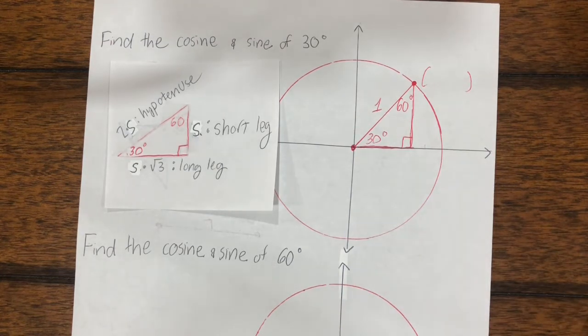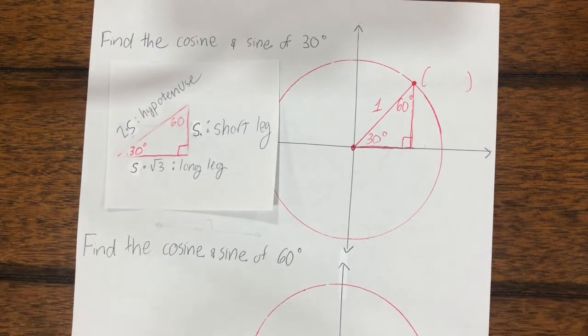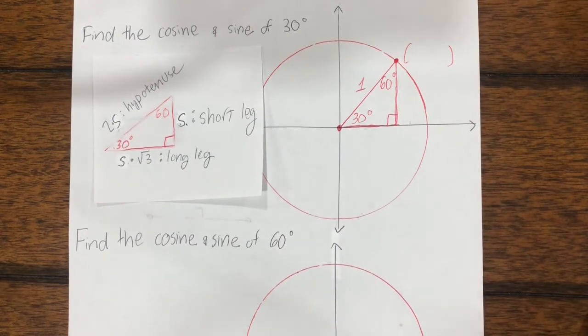And if we take a look, we actually have a measurement already, which is 1. So what we can do is make 2 times the short leg equal to 1. Now we have to ask ourselves this: 2 times what gives me 1?